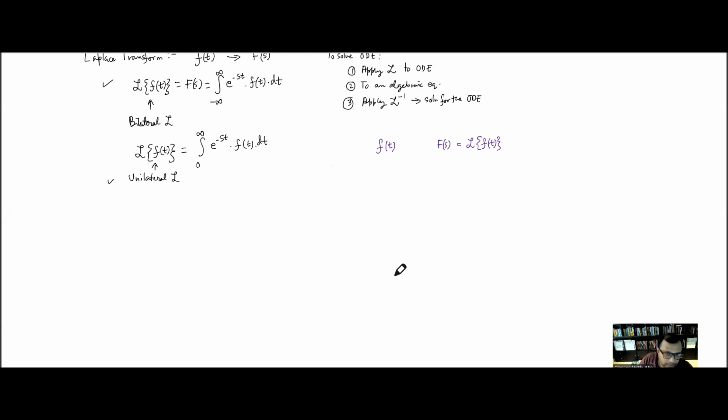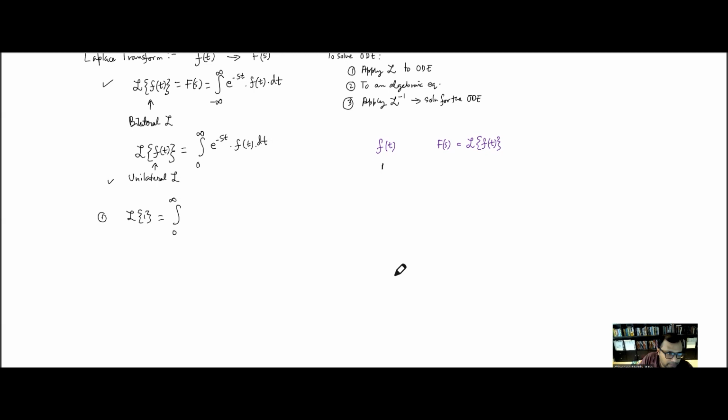Okay, let's figure out when f(t) is 1, what is the Laplace transform of the same. Okay, so this is problem number 1, let's say. Okay, so Laplace transform of 1, what would that be? Let's calculate that.